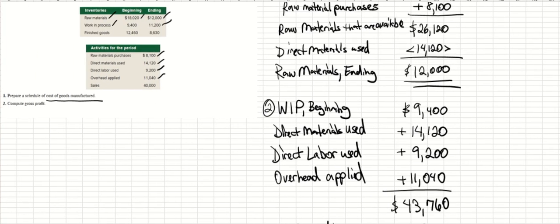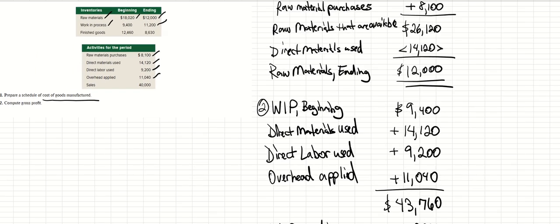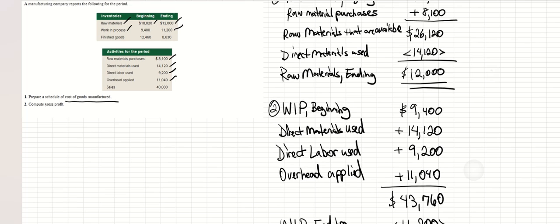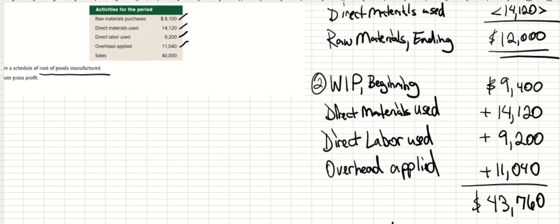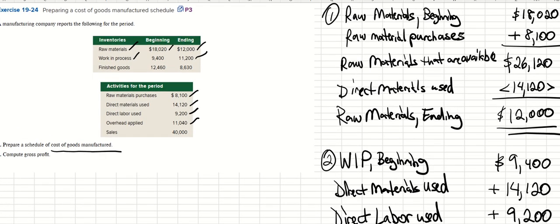Okay, so the next thing I'm going to do is number two. It says compute gross profit. This is also a step-by-step approach that we need to take. If I zoom in here to the actual exercise, we are going to focus on the finished goods beginning and ending balances.